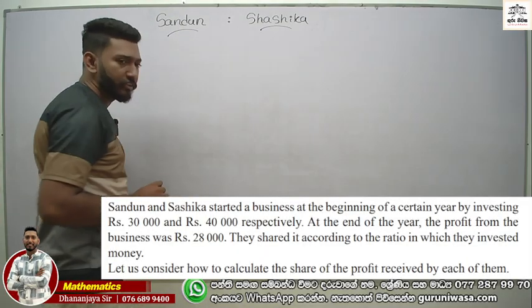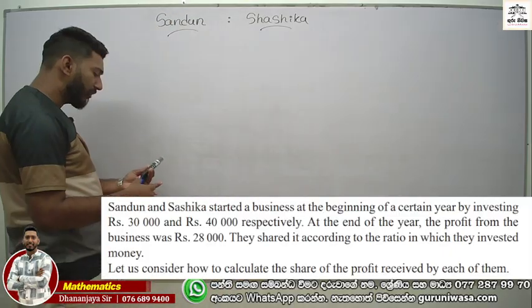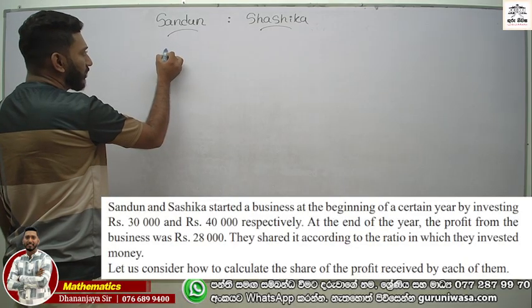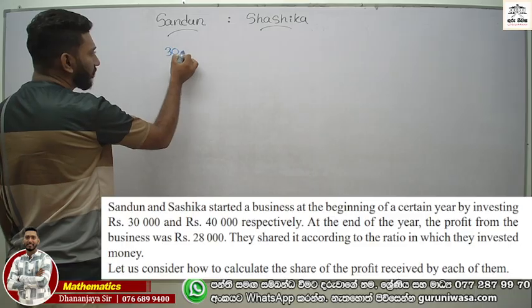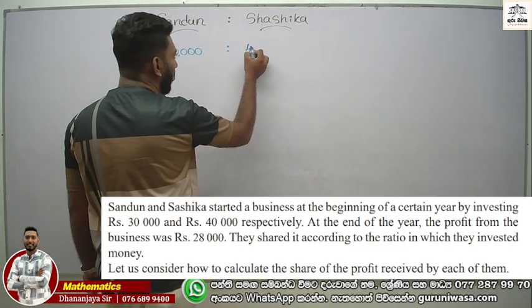There are two major things, Sadun and Shashika. Now listen, 30,000 and 40,000 respectively.